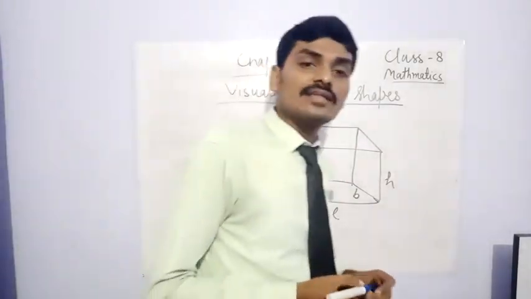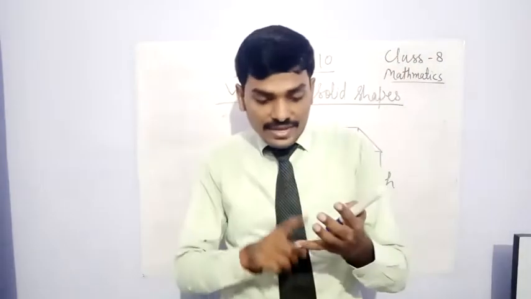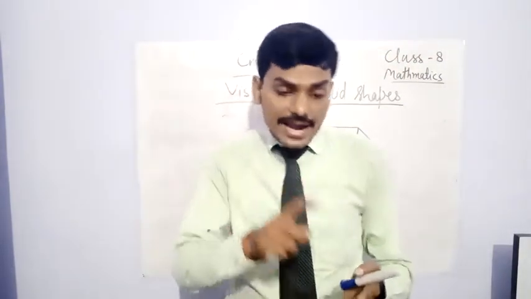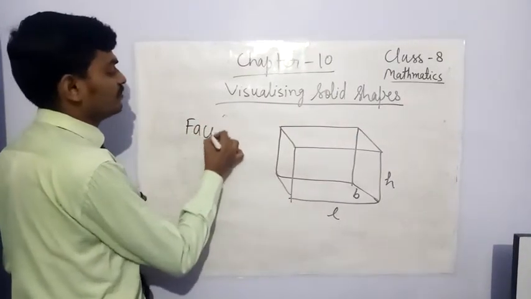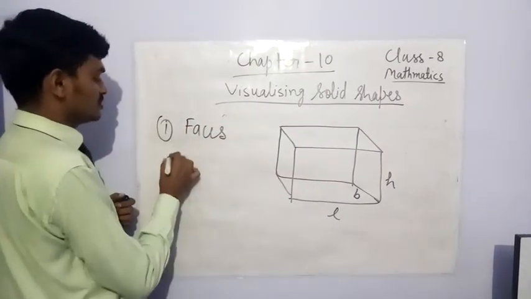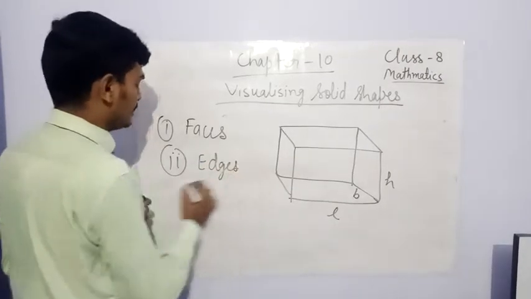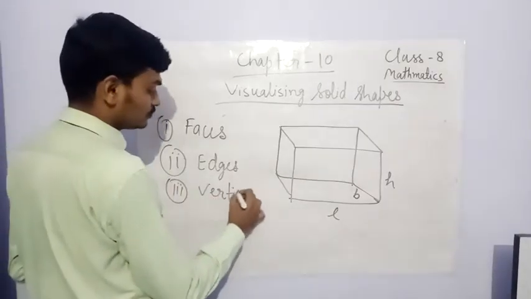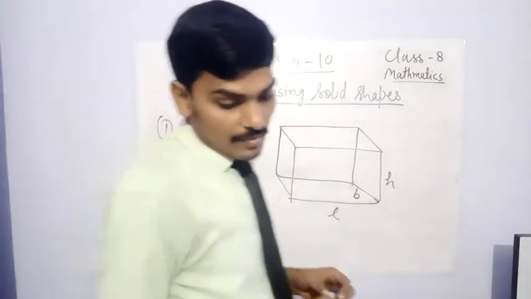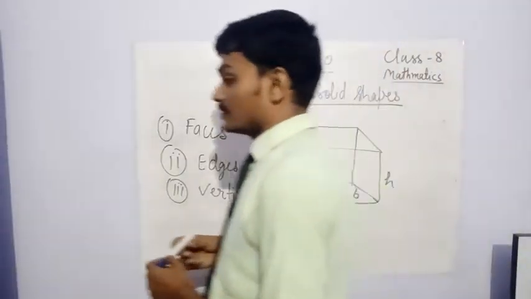In any three-dimensional figure, there are faces, edges and vertices. First one is faces, second is edges, and last is vertices. We will discuss what the faces, edges and vertices are.